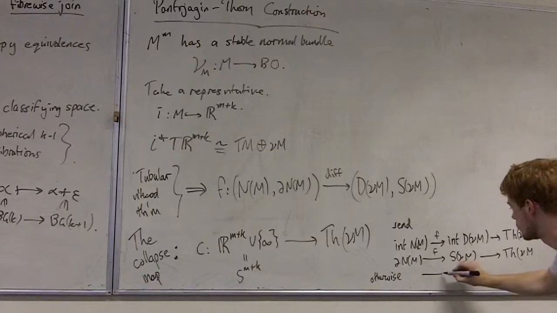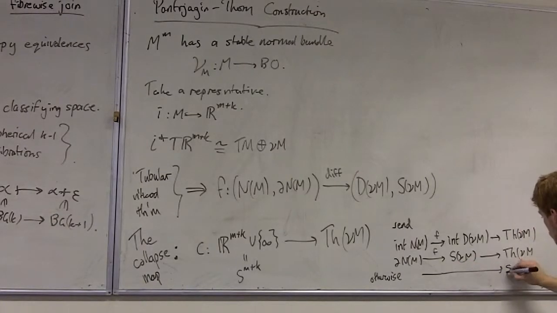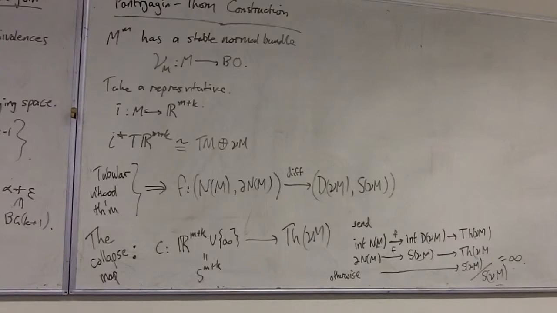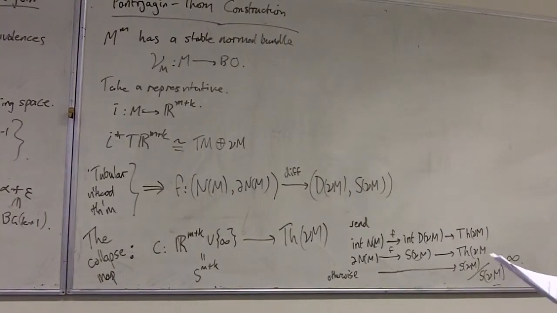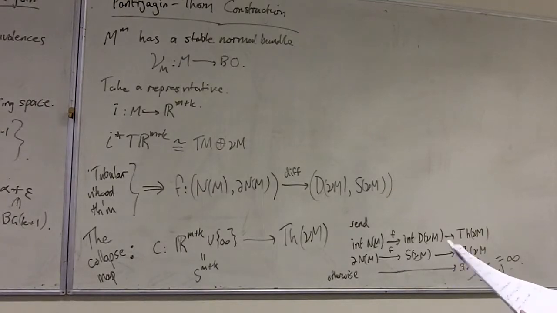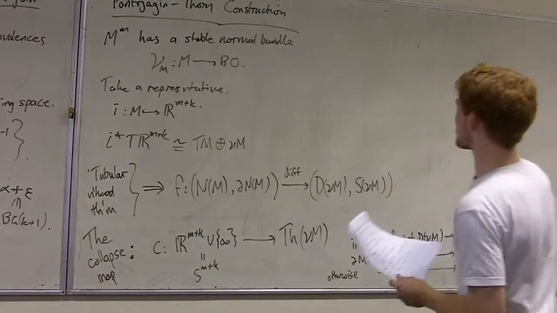And then everything else is going to go to infinity. Okay, so C is a diffeomorphism on the interior. So this wandered slightly, but I don't have that much else to say, so I'm going to write up here.